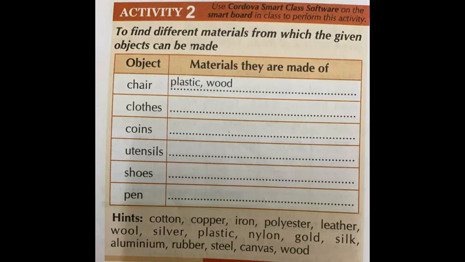Now let's look at activity 2, to find the different materials from which the given object can be made. Now a chair is made up of plastic, wood. Clothes are made up of cotton, nylon, wool, silk. The clothes are made up of all these materials. Now a coin is made up of aluminium, silver.